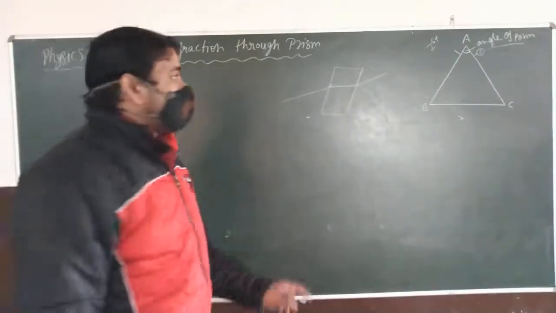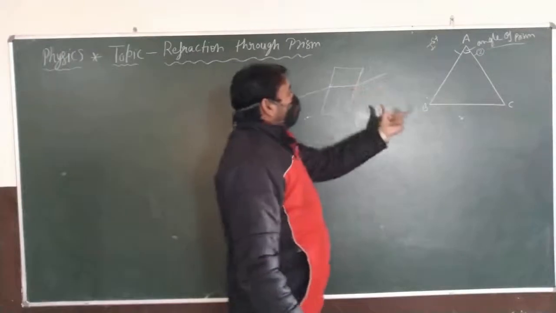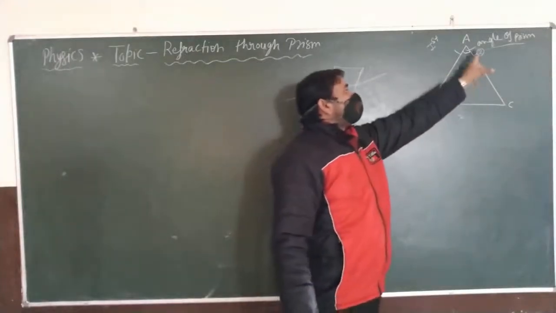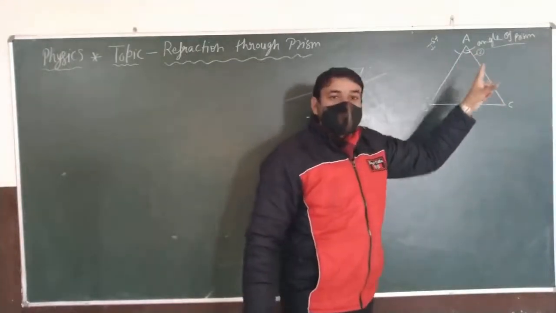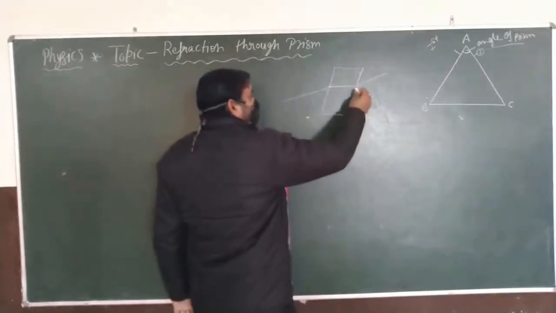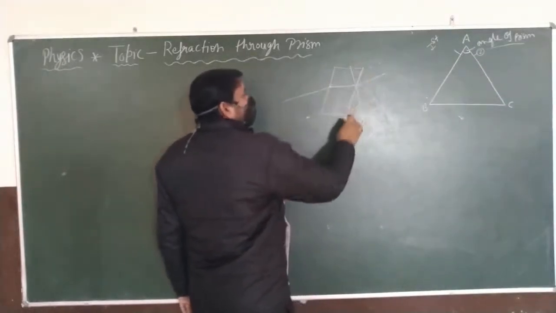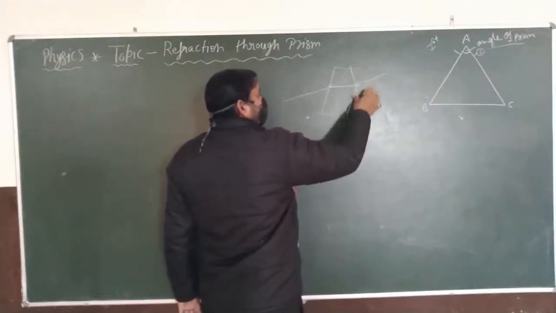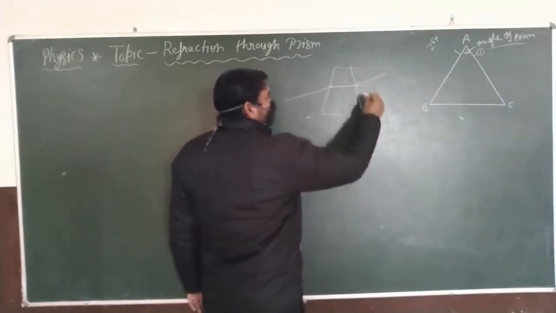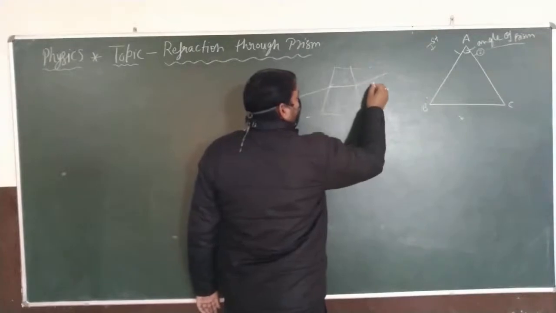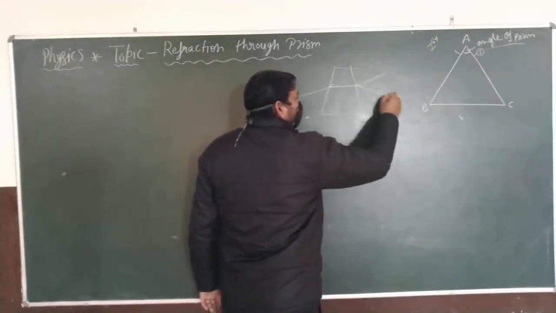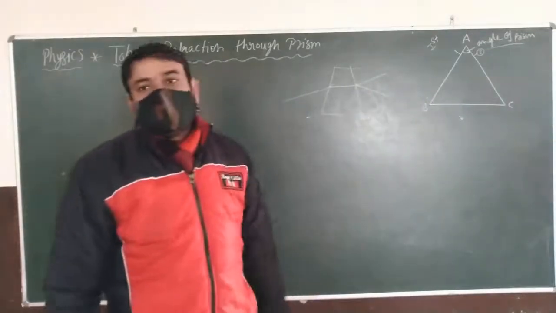But in the prism the two refracting surfaces are inclined to each other. Suppose we don't have this parallel surface, so this is the normal and light is moving here, then you will observe the light is bent toward the base.